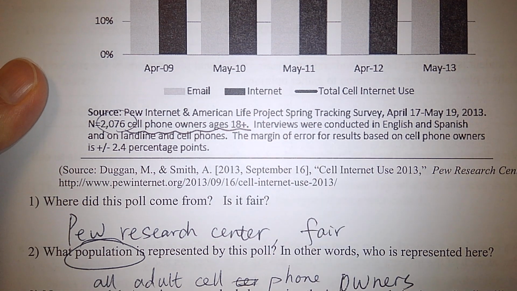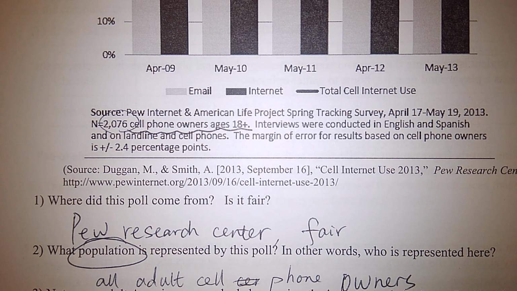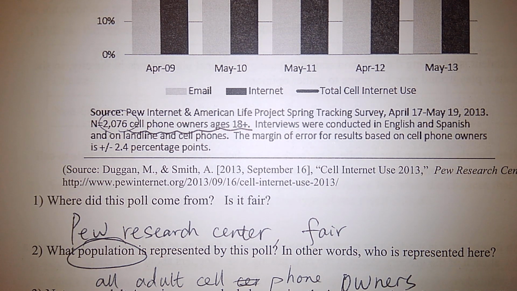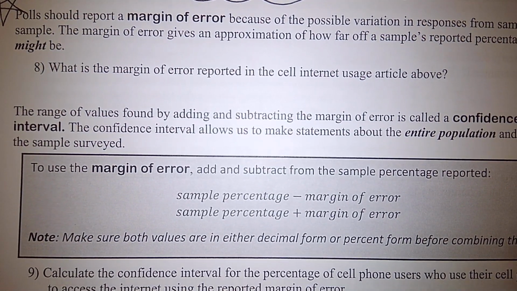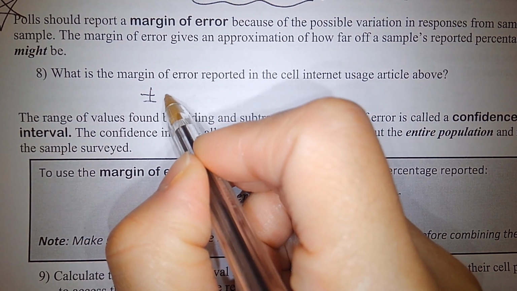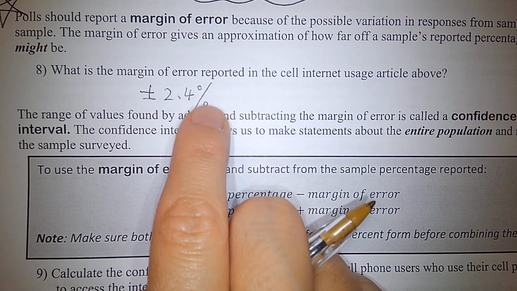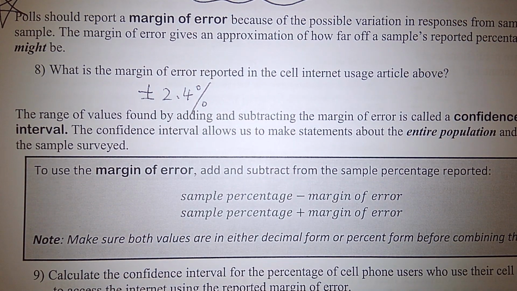The margin of error is how far off it may be for all Americans, the percentage who use cell phone internet. So the answer for question 8 is plus or minus 2.4%, or plus or minus 2.4 percentage points, either way.